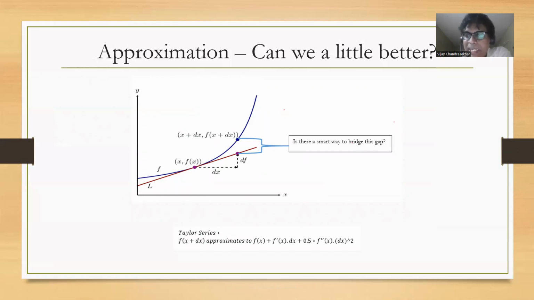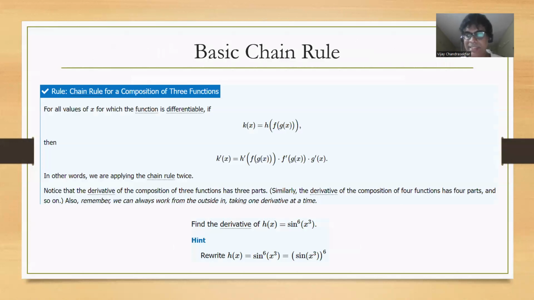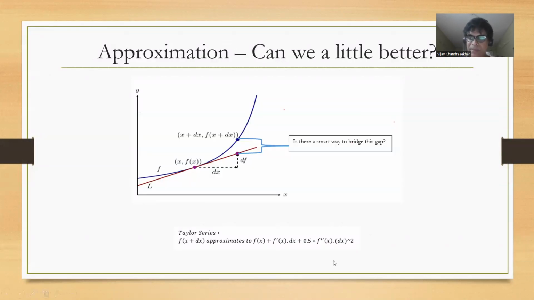With the second order, I may reach here, very close to this point. It's a pretty big leap. If you look at the first one, it's a giant leap. I move so much, right? Then I might move a little bit here. If I go to the second partial derivative, if I go to the third, a little bit more, and so on and so forth. Which is why, if you look at this expression as well, you can see that. Look at this.